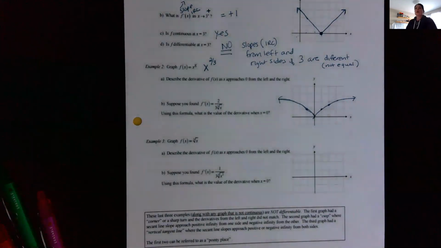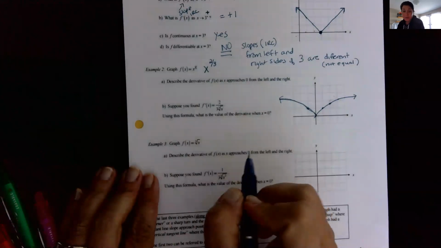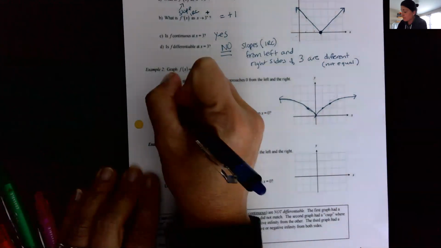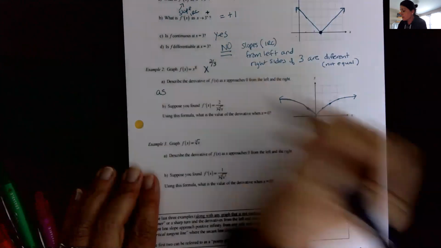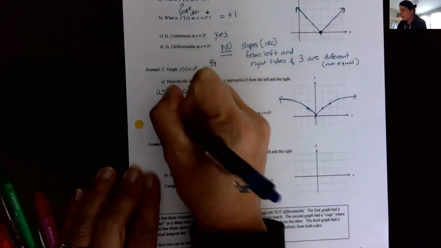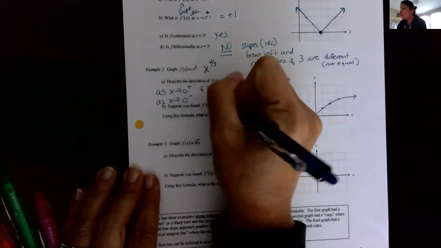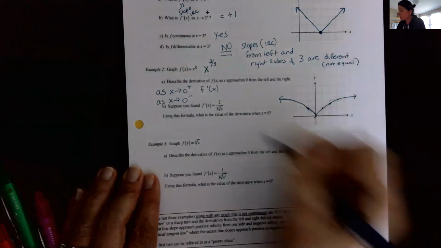So describe the derivative of f of x as x approaches 0 from the left and the right. As x approaches 0 from the right, and as x approaches 0 from the left, f prime of x.